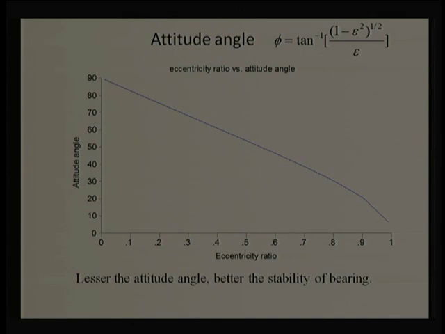This is often the case with bearings operating under high speed applications, because as speed increases, load carrying capacity of the bearing increases, and eccentricity will decrease for the same equilibrium load. That decrease in eccentricity is going to increase attitude angle, which is unfavorable.